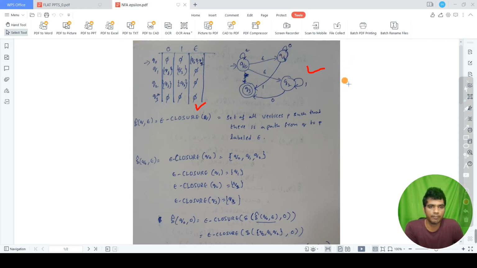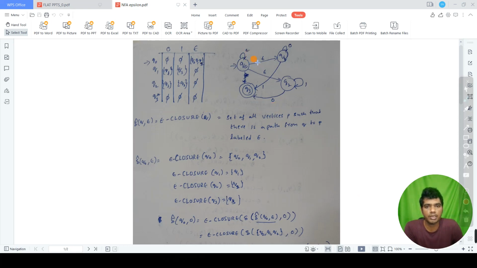tuple. So Q, sigma, that means what are the states, what are the inputs, and the transition function. If you are given this transition function, then you can know this NFA. In general you will be given a state table or state diagram, so anything is fine.